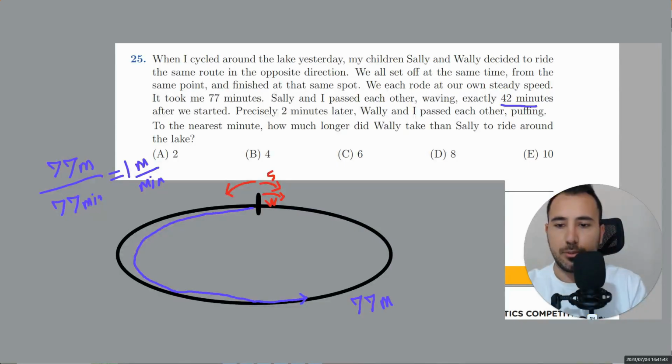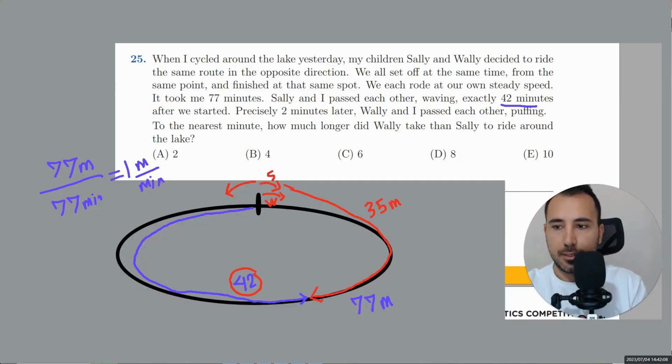Okay, this is 42 meters. So for Sally, Sally has gone how many meters? Okay, 77 minus 42. It would be 35. So Sally has gone 35 meters. But in how many minutes?